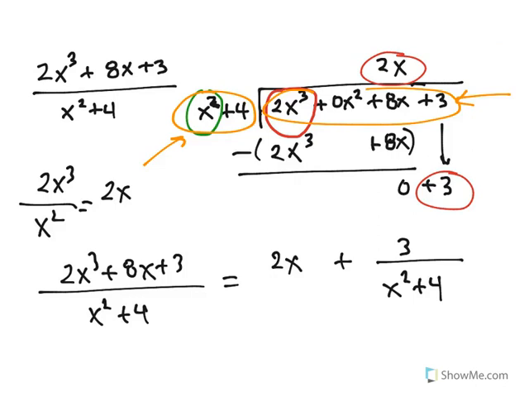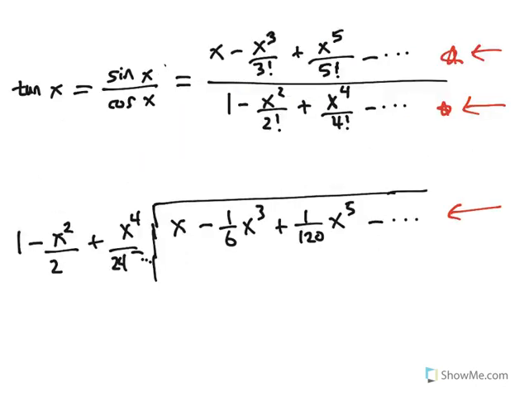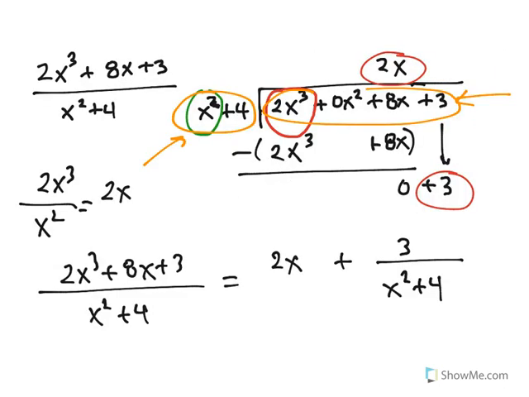So we would take a term from the dividend and divide by a term from the divisor. But earlier we took the highest degree term from the dividend and divided by the highest degree term from the divisor: 2x cubed divided by x squared to give us 2x.